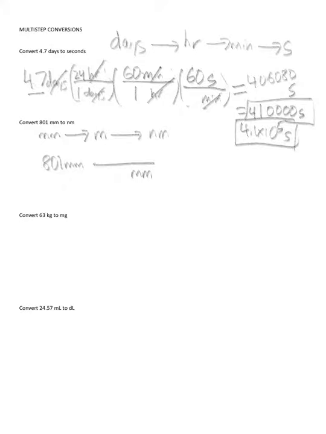I want to cancel out millimeters. That needs to go in the denominator. Meters needs to go in the numerator. And milli is the SI prefix which means 10 to the minus 3. So that goes in the numerator. Now I want to cancel meters, get that to nanometers.